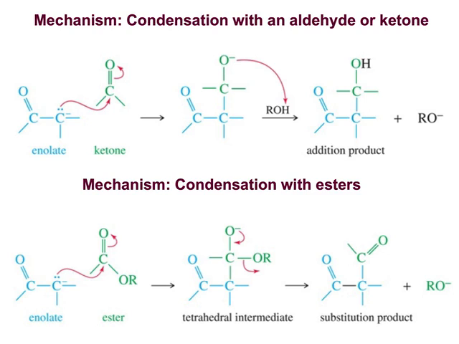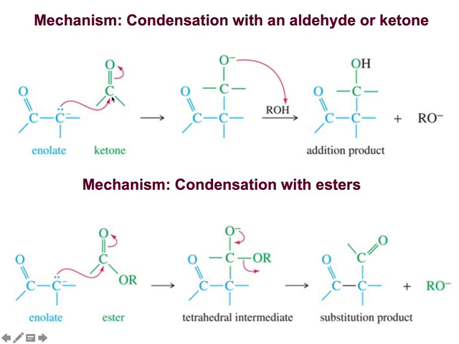Here is the mechanism for the condensation of aldehyde or ketone, or the mechanism of condensation with ester. The first step, this enolate, C minus, is nucleophilic, and this one is electrophilic, C double bond O. So this nucleophile will attack another carbonyl functional group. For this case it is an aldehyde.